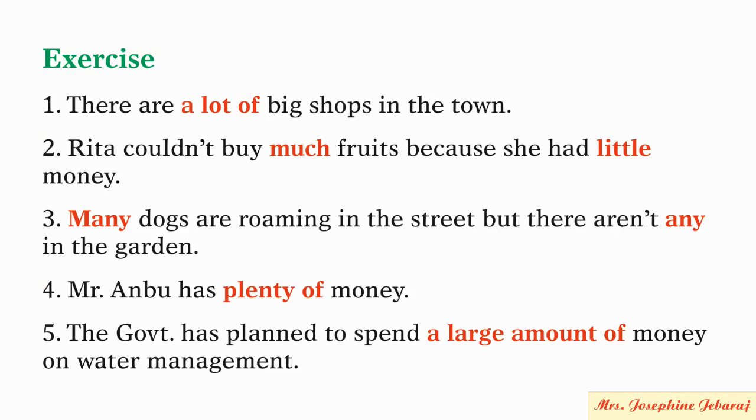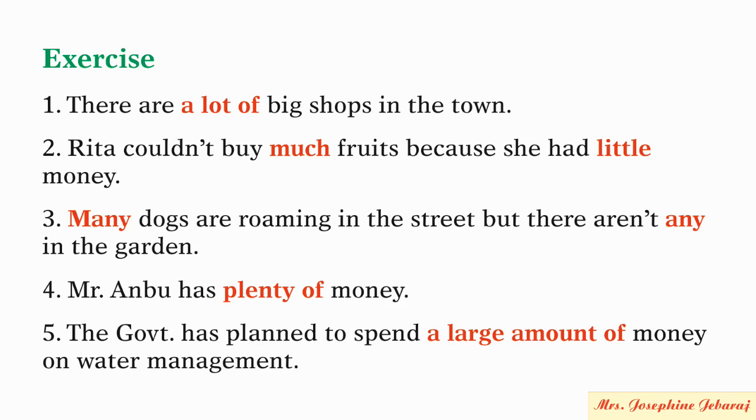Let's see a few more examples. Number 1, there are a lot of big shops in the town. Here, a lot of refers to many shops, which is a countable noun. Number 2, Rita couldn't buy much fruit because she had little money.